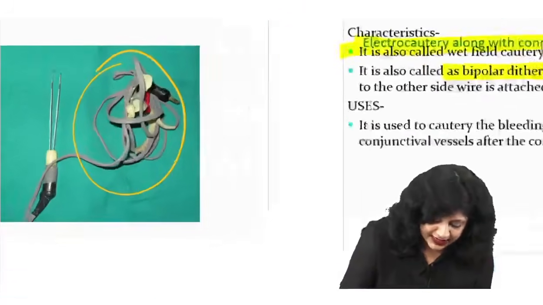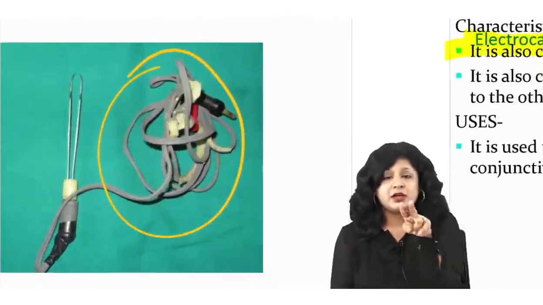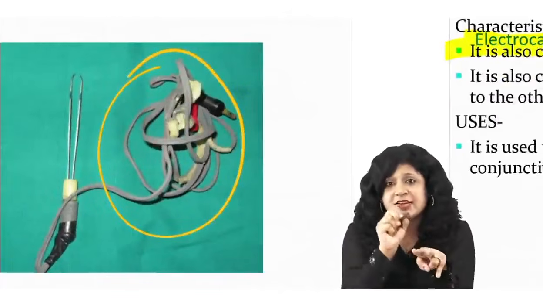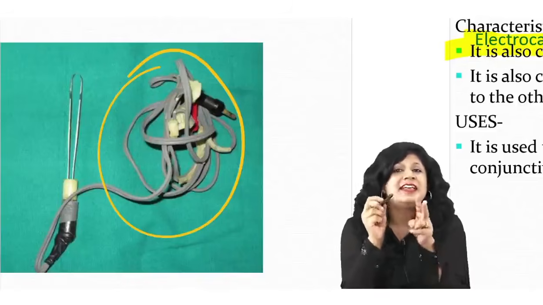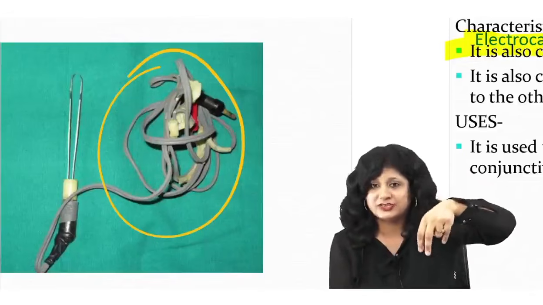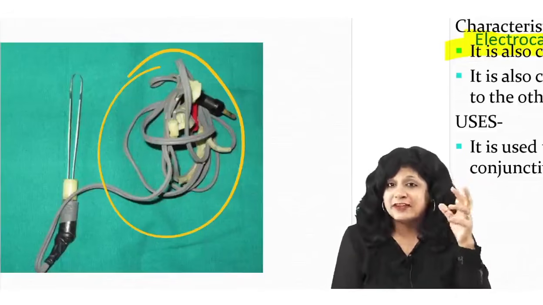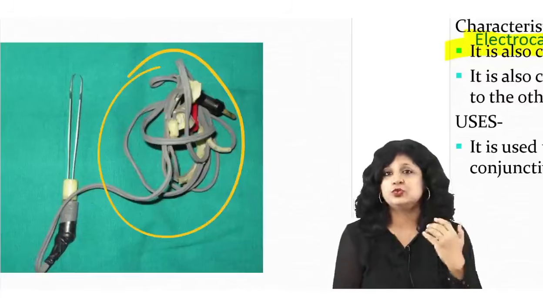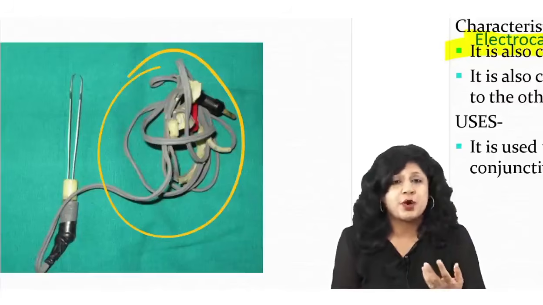Can you see here the two blades which are coming out? They are again just like a forceps, because they have to be applied over the conjunctiva, and they should not be very pointed. They should not have any tooth there, so that you do not cause more and more trauma.